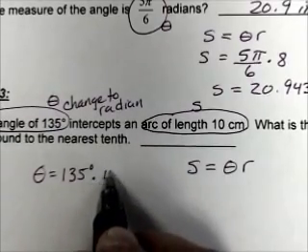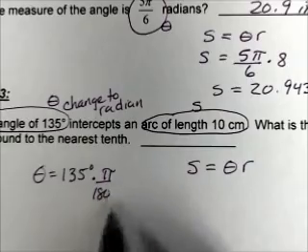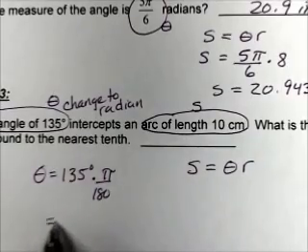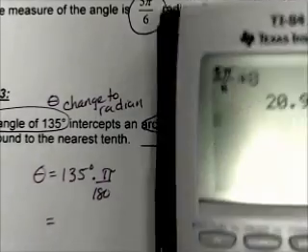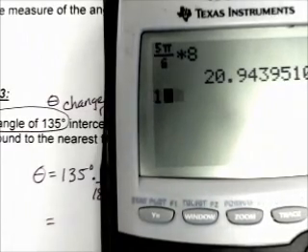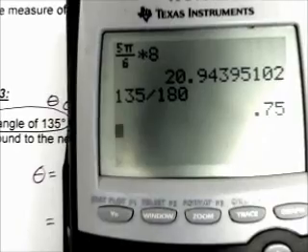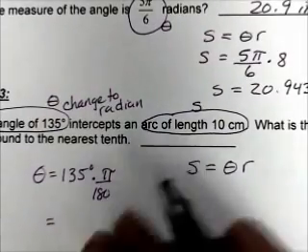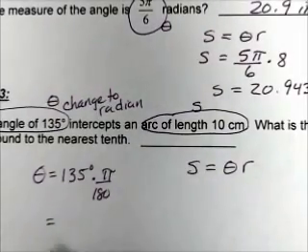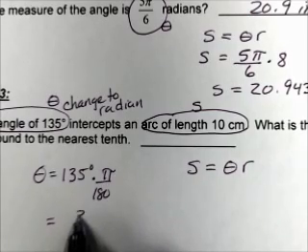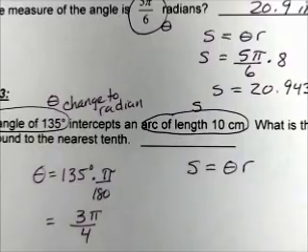So we will multiply by pi over 180 to convert it to radians. And what's that fractional value? 135 divided by 180. That's our 3/4 again. You could leave it as a decimal, 0.75 pi if you like. But this would be 3 pi over 4 radian measure.